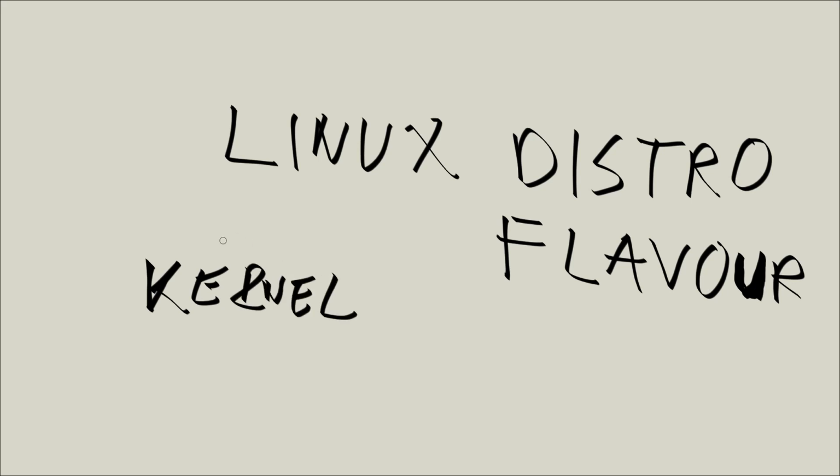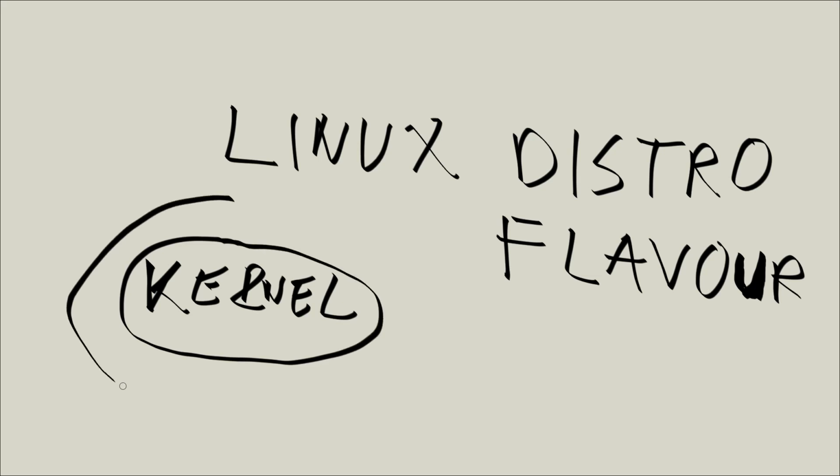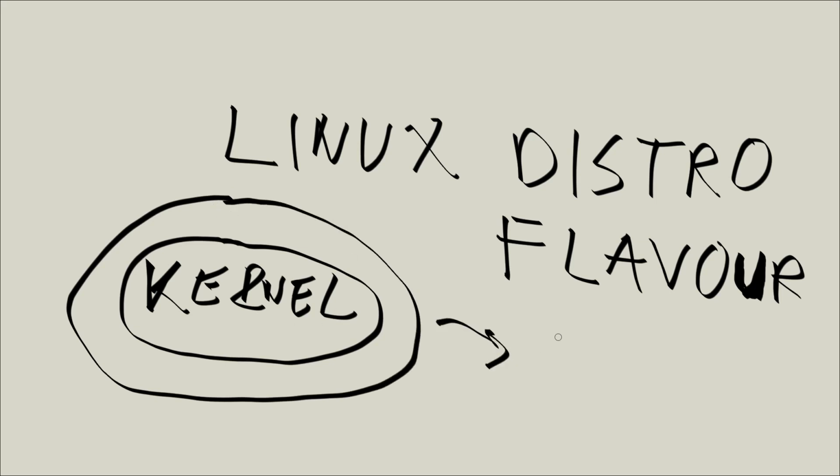We talked about this in some previous videos. So if this is the kernel, then you have another circle. And so this entire circle, this circle in its entirety is the operating system. But the kernel remains the same, as the definition says. But the other stuff, the other programs are different.